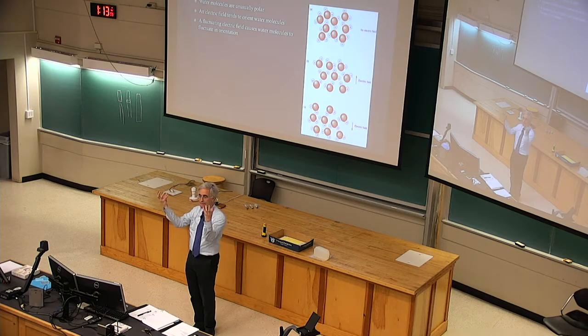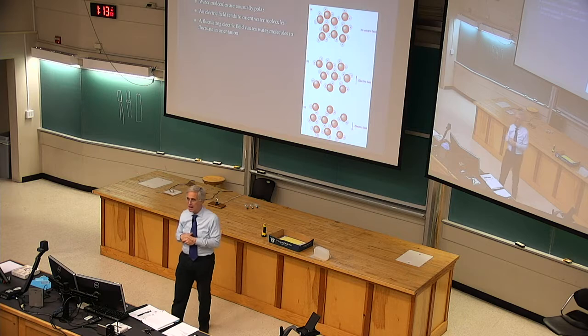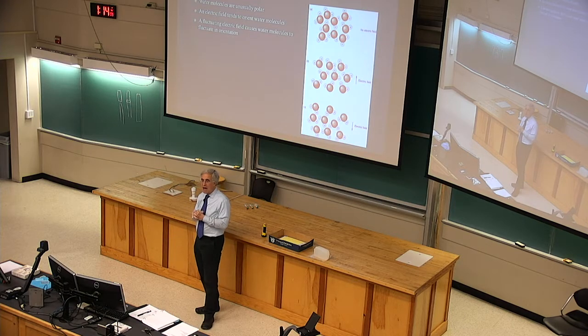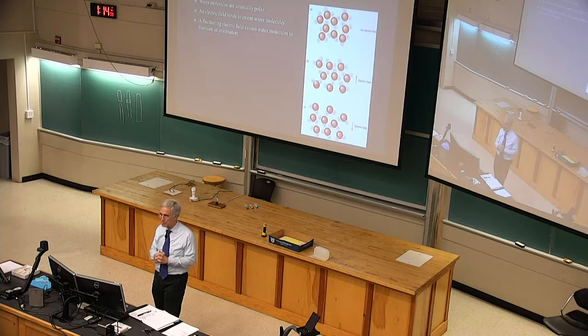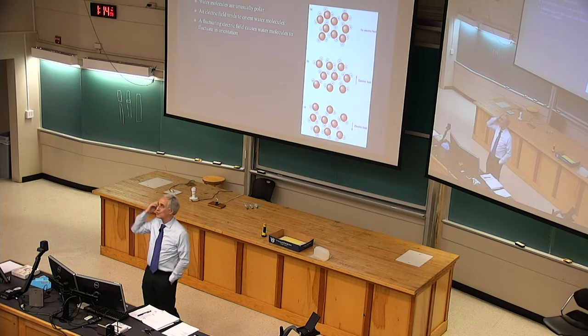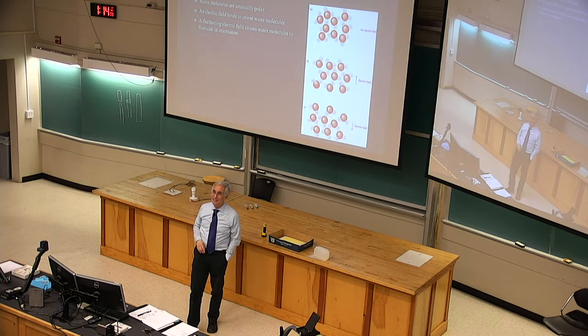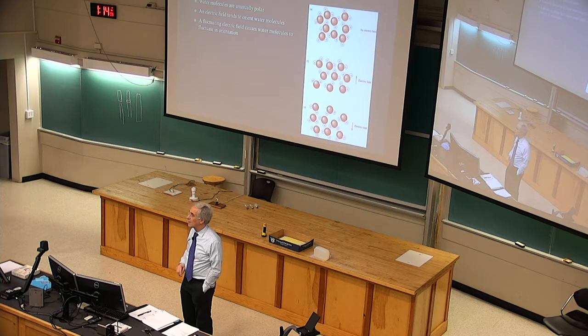It pulls that pair of electrons more toward it than the hydrogen does. So the hydrogen atoms, each of them, effectively have a positive charge. They're no longer electrically neutral. They're somewhat positively charged. And the oxygen, having stolen more than its fair share of electrons, ends up with a net negative charge on it, effectively.